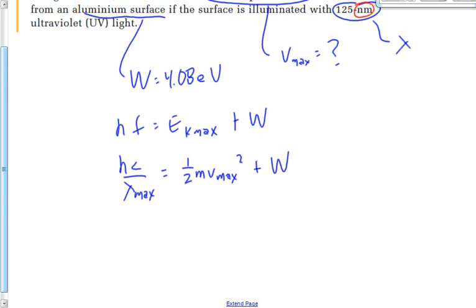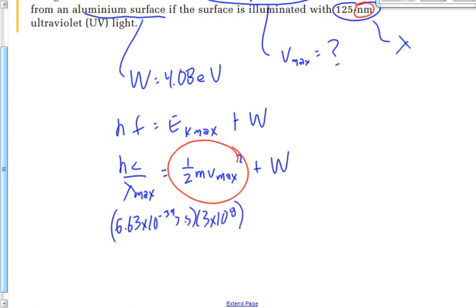Right. As soon as I introduce that equation into the mix, I've got to use joules. No choice. Got to use joules. So let's go 6.63 times 10 to the minus 34 joule seconds times 3 times 10 to the 8. Lambda was 125 times 10 to the minus 9.